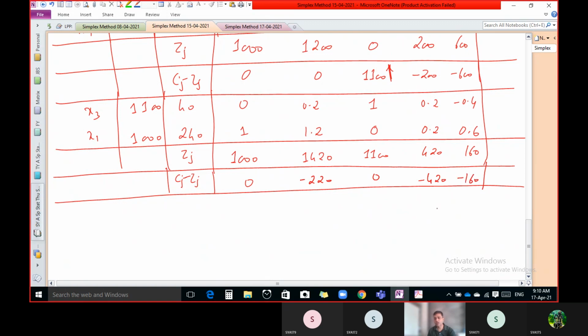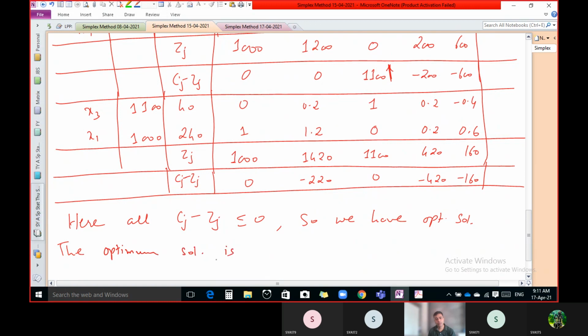Now see, all these values are negative. So we can say that here all Cj minus Zj are less than or equal to 0. So we have the optimum solution, and the optimum solution is x1 equal to... see, x1 is there here, and you have to see the value in xb.